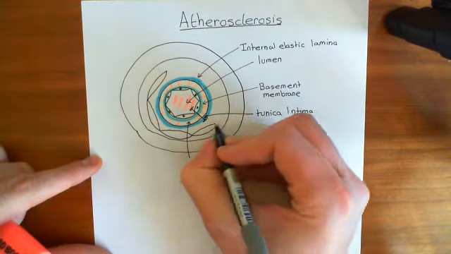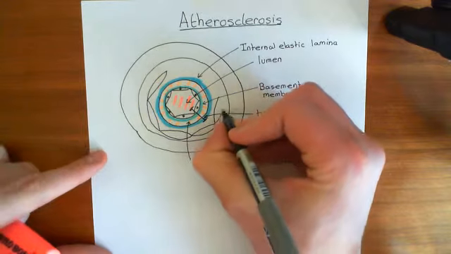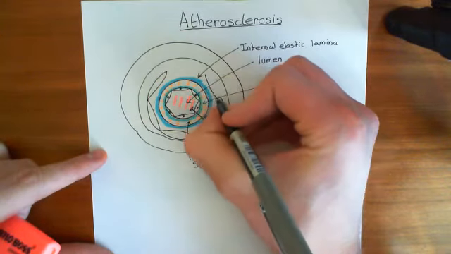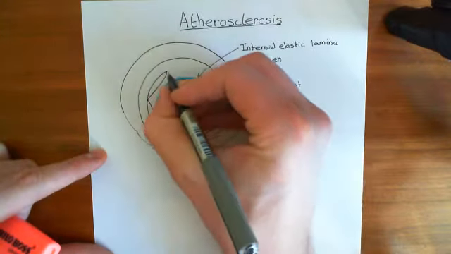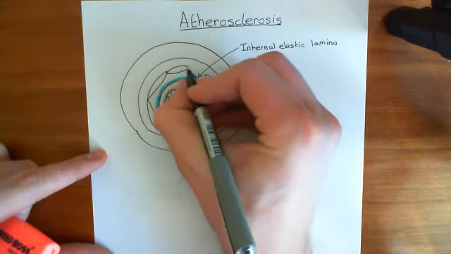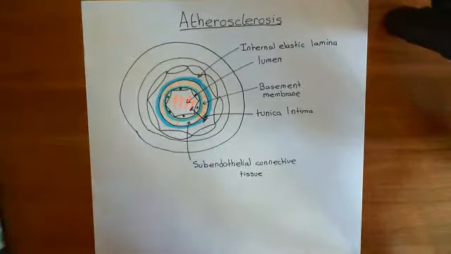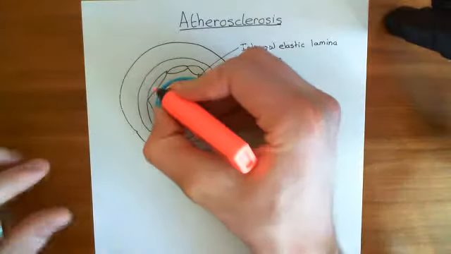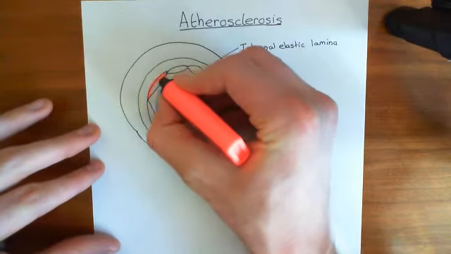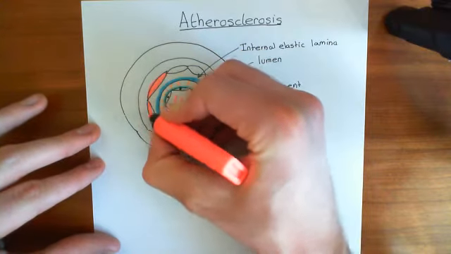Here's another one, and then a final one there. These are all vascular smooth muscle cells. Let me colour these in red.